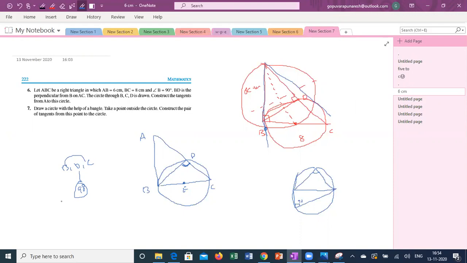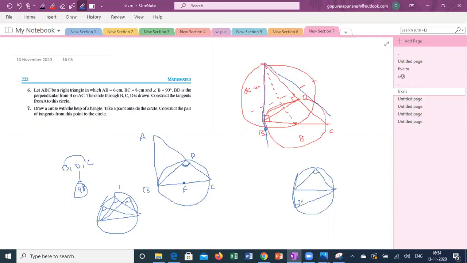What is the theorem, that one? The angle subtended by the chords joining at the ends of a diameter: if you draw two chords from the ends of a diameter to any point on the circle, this angle is always 90 degrees, a right angle.